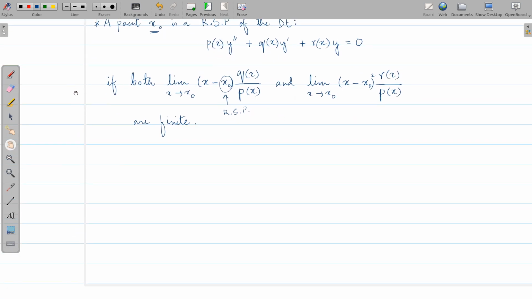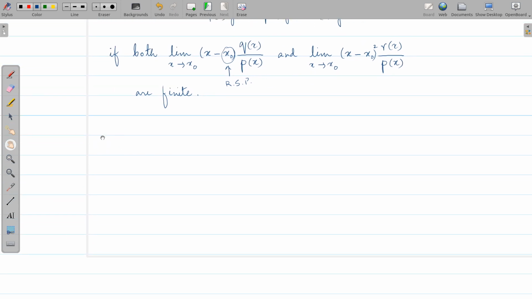So now let's just apply this to the case of the Legendre differential equation, which let me write down. It is 1 minus x squared into y double prime minus twice x y prime plus L into L plus 1 into y is equal to 0.